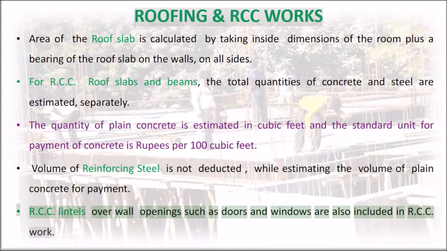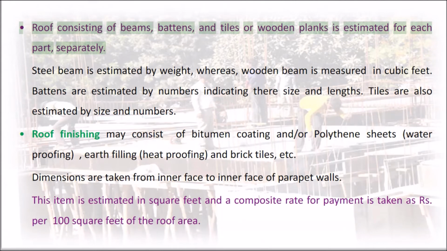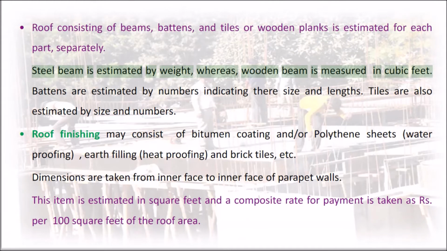RCC lintels over wall openings such as doors and windows are also included in RCC. Roof consisting of beams, battens, and tiles or wooden planks is estimated for each part separately. Steel beam is estimated by weight, whereas wooden beam is measured in cubic feet.